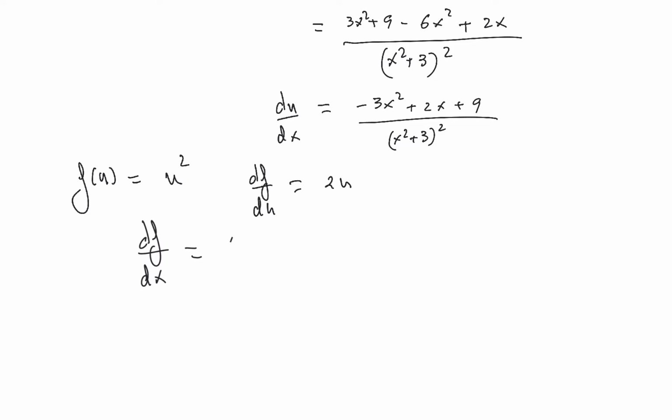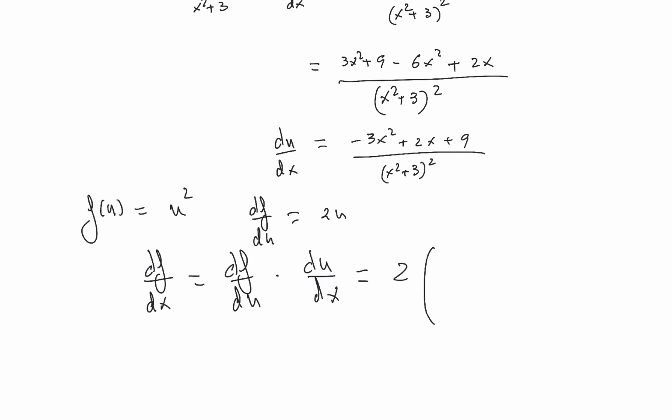Well, the chain rule says that the derivative of f with respect to x is the derivative of f with respect to u multiplied by the derivative of u with respect to x. What is the derivative of f with respect to u? The derivative of f with respect to u is 2 times u, but u is 3x minus 1 divided by x squared plus 3.